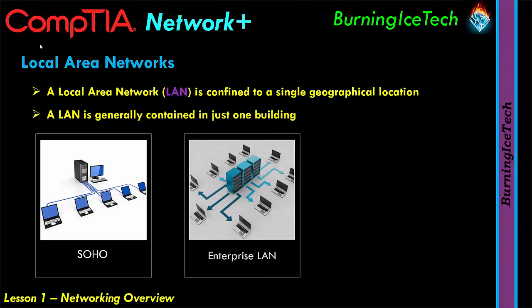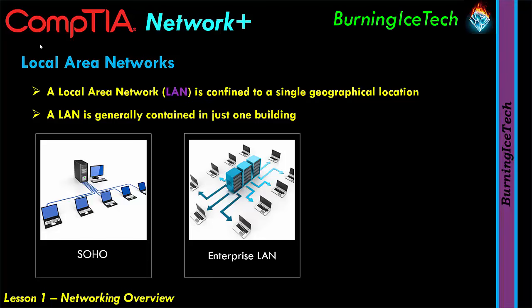Then you get what we call an enterprise LAN. So these could be small and medium-sized enterprise networks, and networks supporting possibly dozens of users with structured cabling, switches, and routers. You'll find sometimes these are networks that support hundreds or even thousands of users with multiple enterprise class switches and routers. So you get small ones, well, medium-sized ones, let's just call them medium, and then you get massive ones.